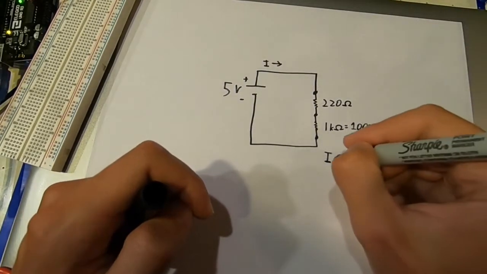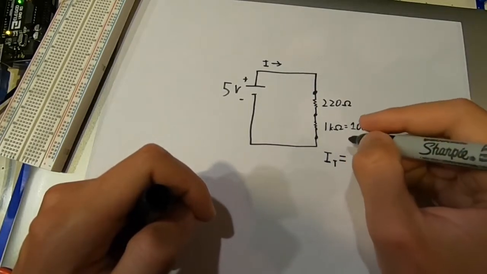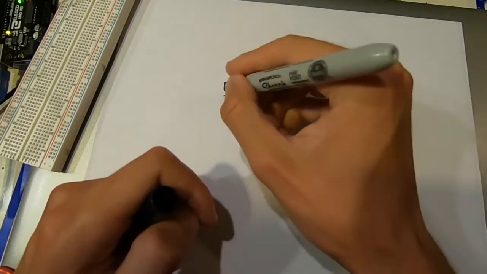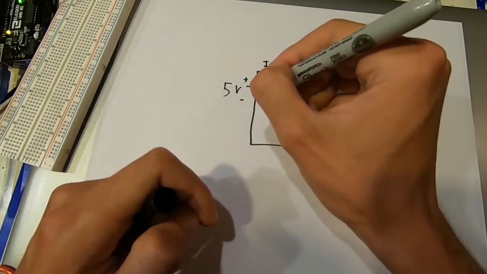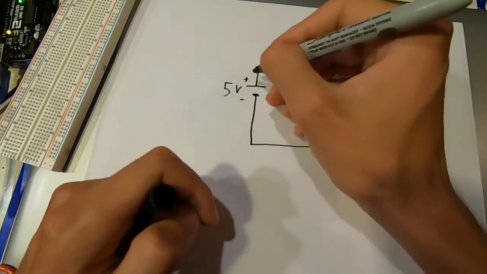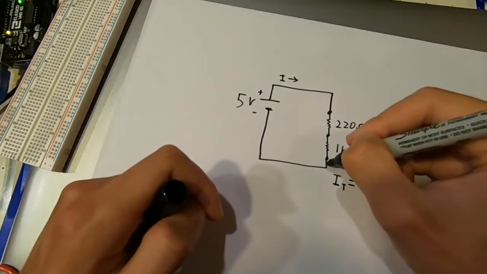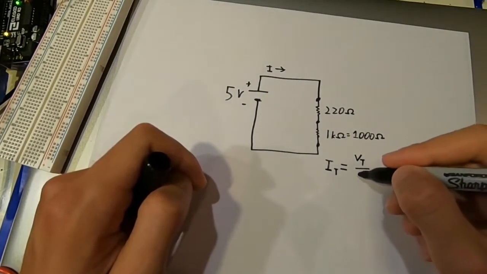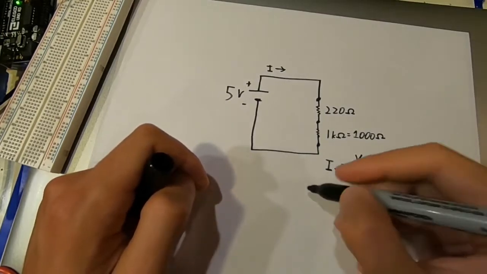But anyway, getting back to calculating what our total current is. That's going to be equal to the total voltage, which is going to be 5 volts. We're not having any separate circuits in here. This is really simple. So we go from a potential of 5 down to 0, and it's going to be divided by our total resistance.